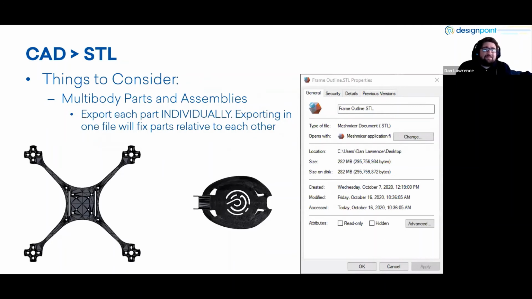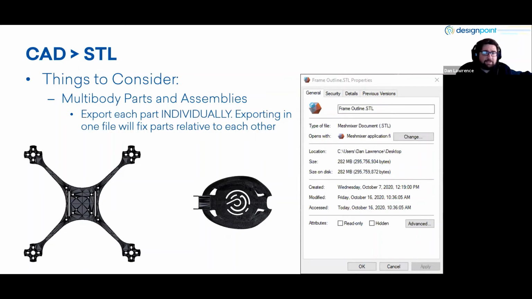From CAD to STL, some of the main things you want to think about is, it wasn't really applicable to us, but if you have a multi-body part or an assembly and it's all in one file, you're going to want to make sure that you export those bodies and those parts individually. You don't want to export them as one file.